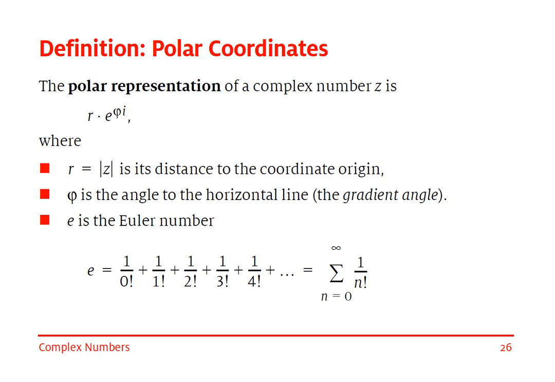the famous Euler number, which is defined as a limit, as an infinite sum, 1 divided by 0 factorial, plus 1 divided by 1 factorial, plus 1 divided by 2 factorial, and so on.